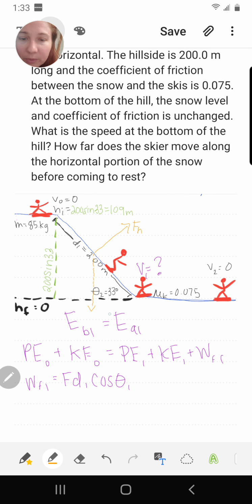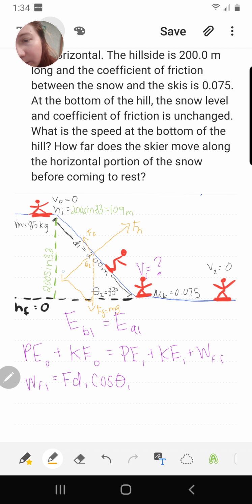It's not perpendicular to the motion. So, that's just Fg equals mg. Okay. We have friction because of the snow and the ski having friction. And then we just bring this down. Okay. And this is theta 2 right here.